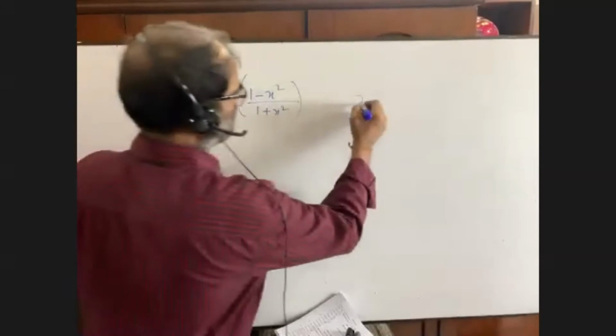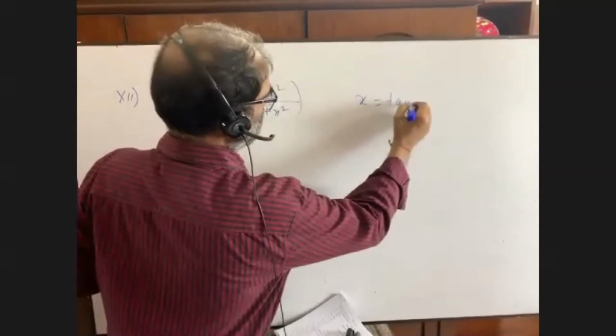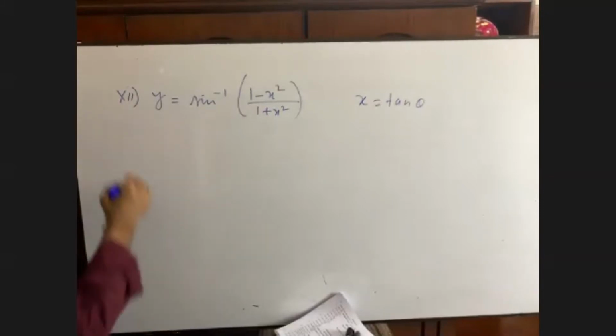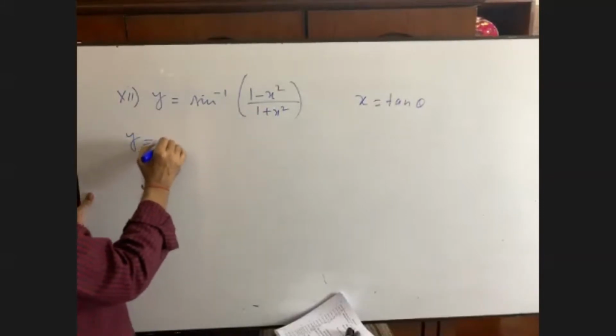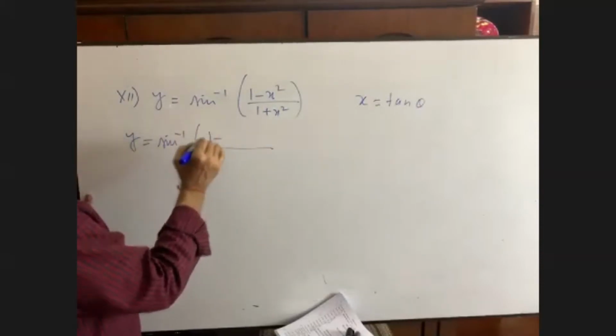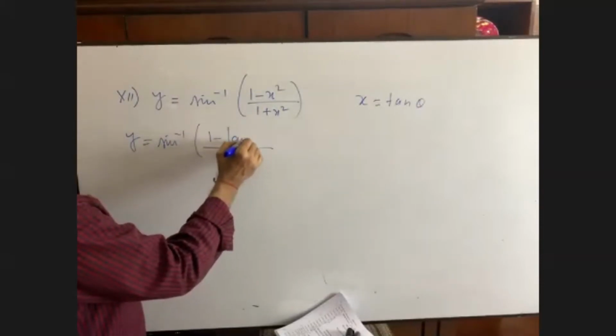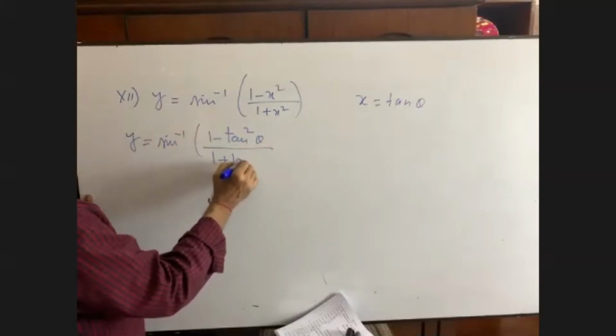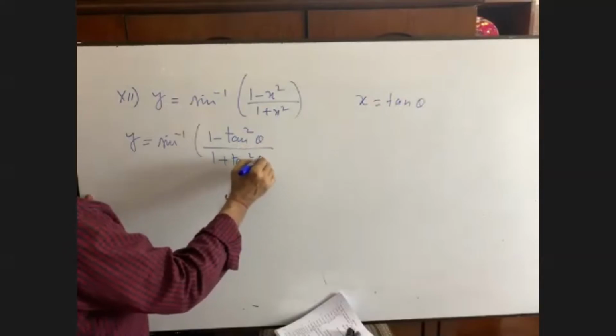Let x equals to tan theta. So we are getting y equals to sine inverse 1 minus tan square theta by 1 plus tan square theta.